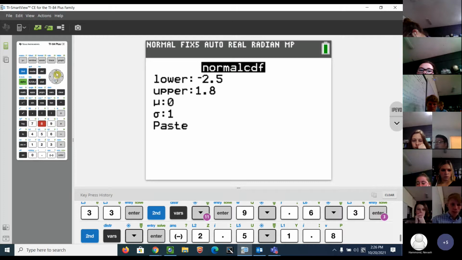Now, by the empirical rule, 68. Let's see. This right here is going to be, well, half of 2 is 1, so that's 14. That's 15. 15 and 34 is 49. 49 and 34 is 83. 83 and 10 is 93.